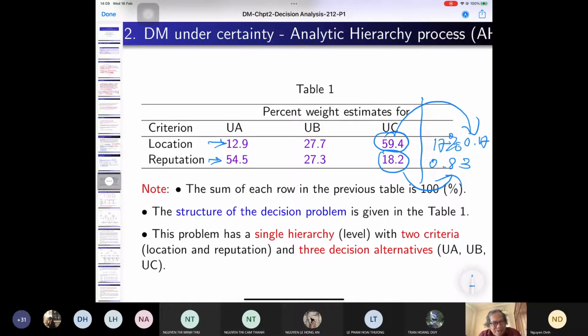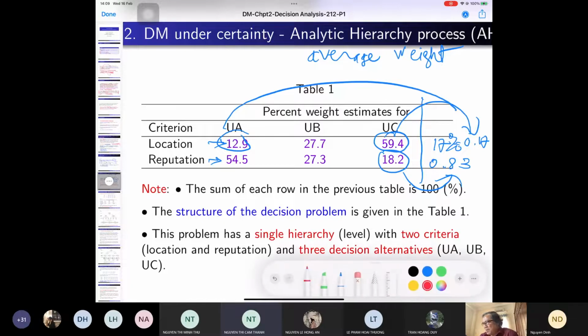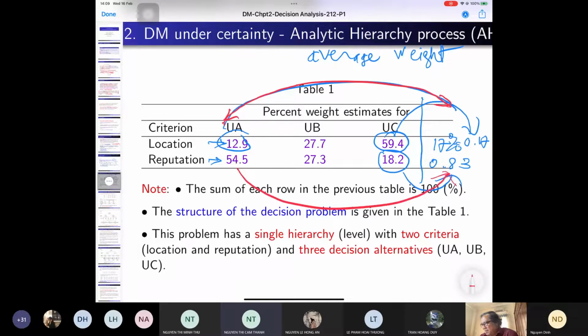So why should he choose A? Because when I calculate, I take the location 12.9 multiplied by its weight, then add the reputation 54.5 multiplied by the weight of reputation, and I get a number. Then I continue with UB and UC, and I see UA has the biggest number, so I choose it.